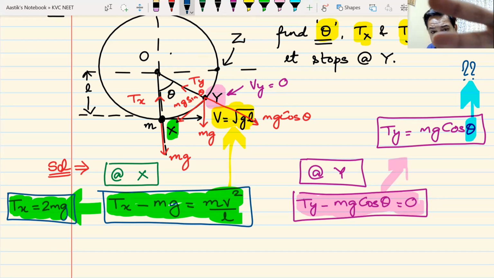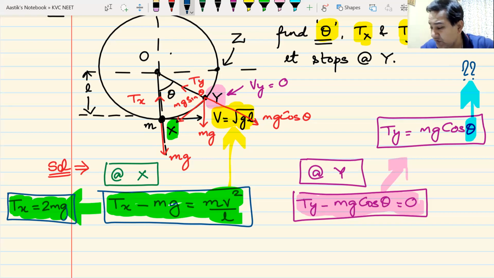Therefore, we have two unknowns here. One is theta, one is Ty. If I can find out the value of either theta or Ty, I have one equation.